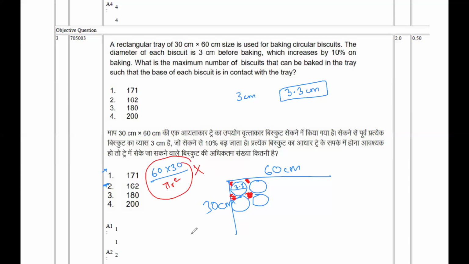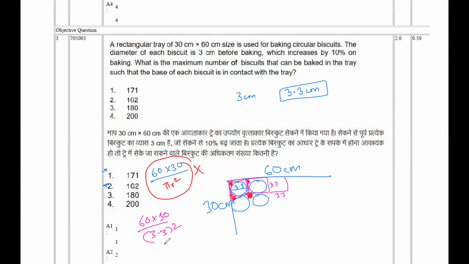You cannot follow this. So then you might think, let me use another color. Let me say I'm using pink color where I am considering a square region like that, a square region where the side is 3.3 and 3.3. So you will say, okay, then I'll simply take the area 60 into 30 and divide it by 3.3 square.